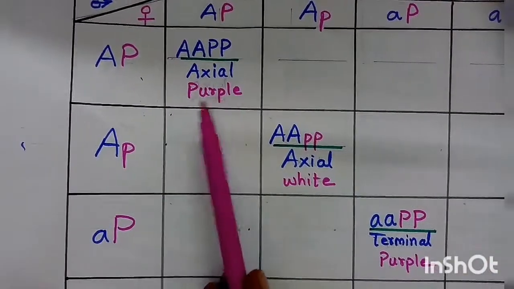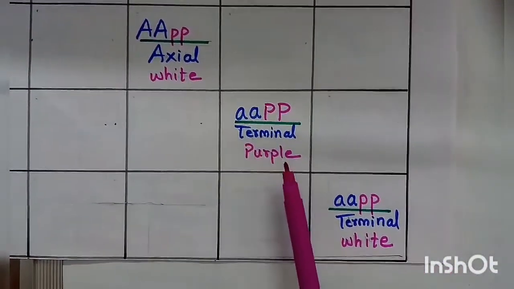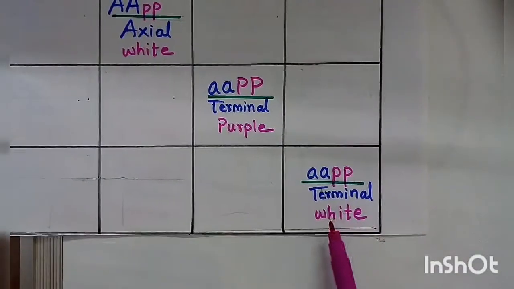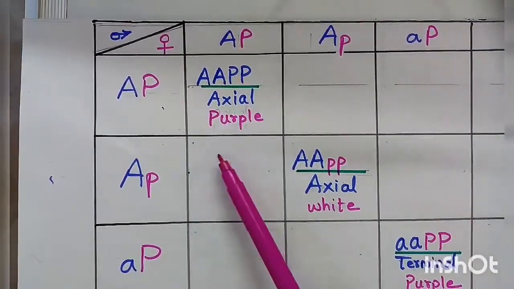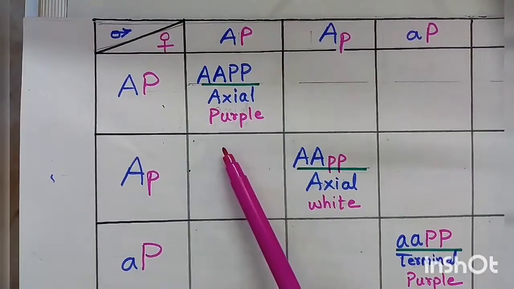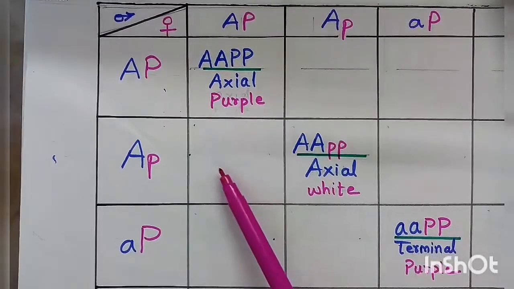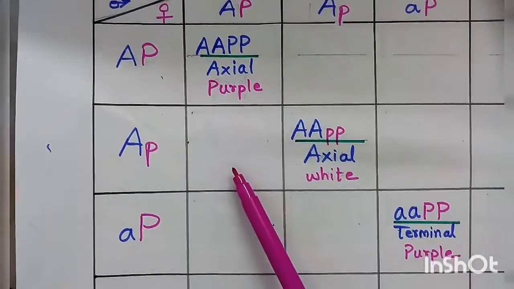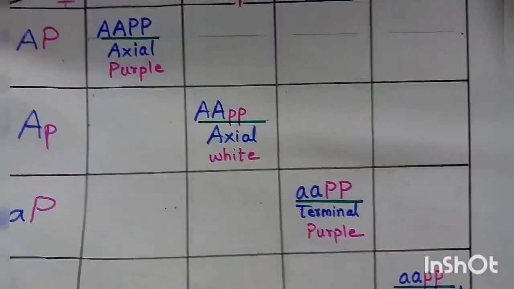The first one is axial purple, the second one is axial white, the third one is terminal purple, and the last one is terminal white. So simply you have to copy the alphabets and write them next to each other, and on the basis of the alphabets, whether it is homozygous or heterozygous, you have to write down their traits, that is, phenotypic traits, and you can complete the table.